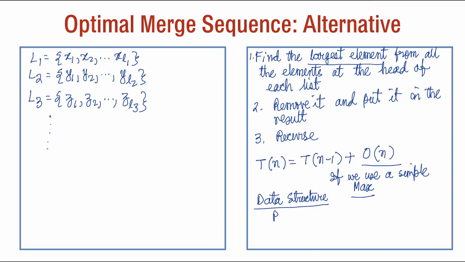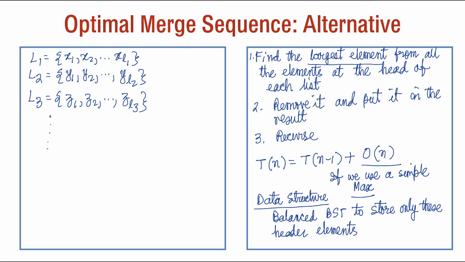If we use a balanced binary search tree to store only these header elements, then we require two operations. Remove max. Once we remove a max, we have to now take the next element from that list and put it into it. So insert.